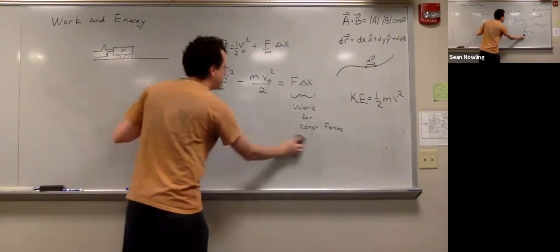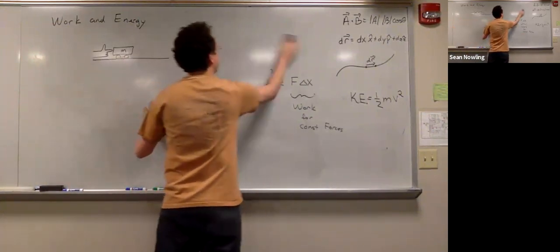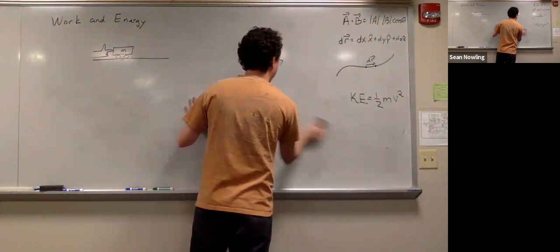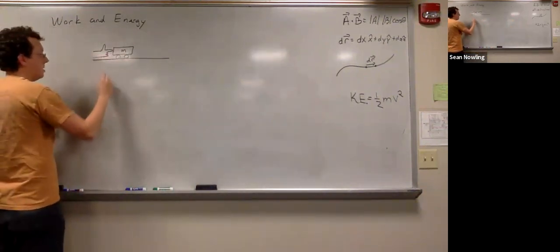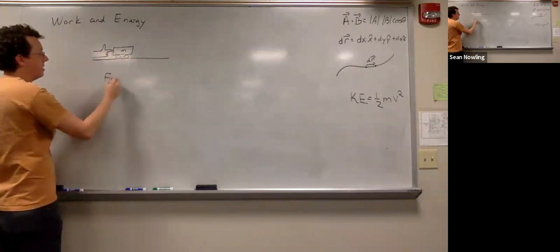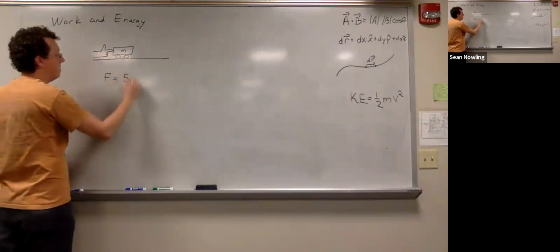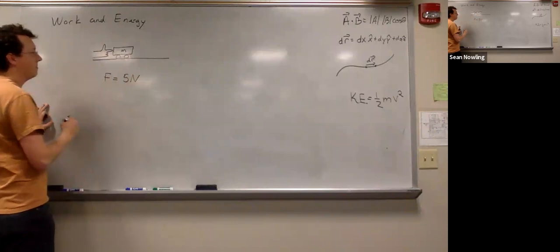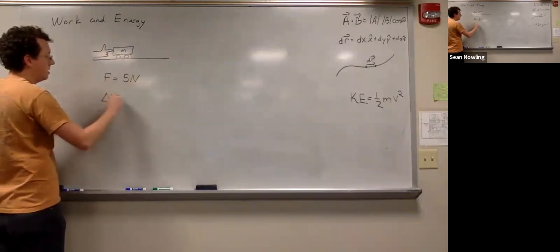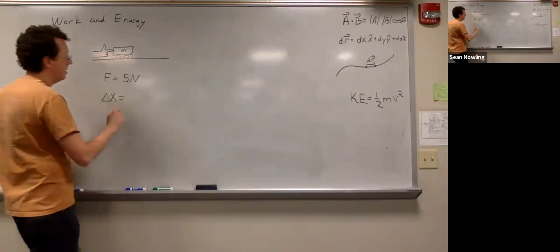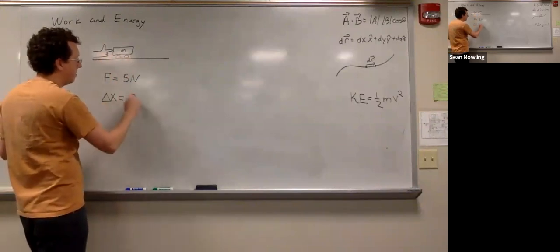Let's apply this for a simple situation. Let's imagine that the force that the hand applies is a constant 5 newtons. Let's imagine that the distance that the cart travels along is 3 meters.